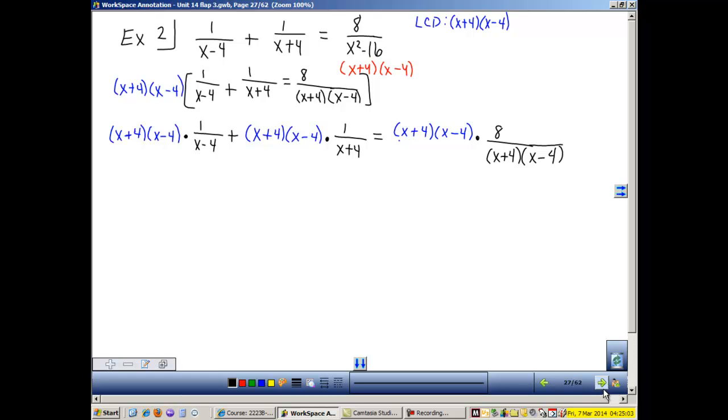In the first term, x minus 4 cancels, leaving x plus 4. In the second term, the x plus 4's cancel, leaving x minus 4. And in the last term, both the x plus 4 and the x minus 4 cancel, leaving 8.